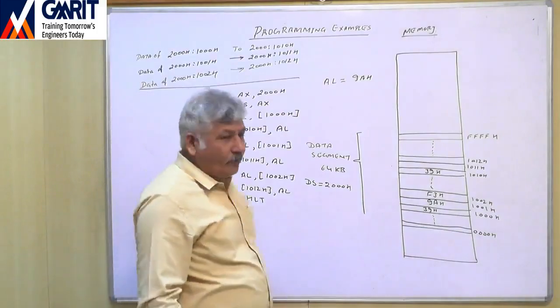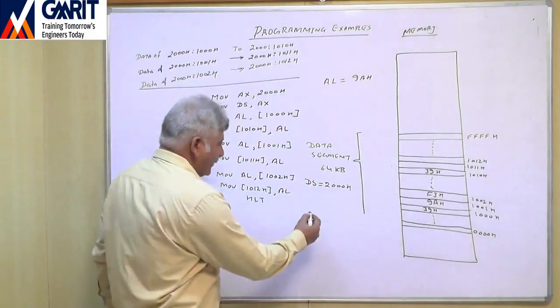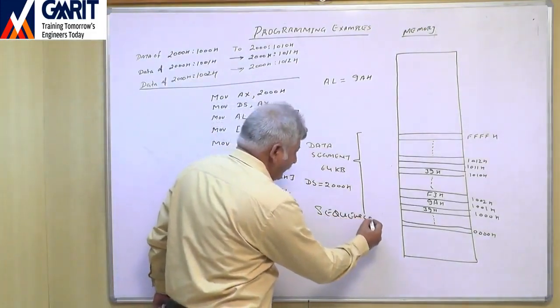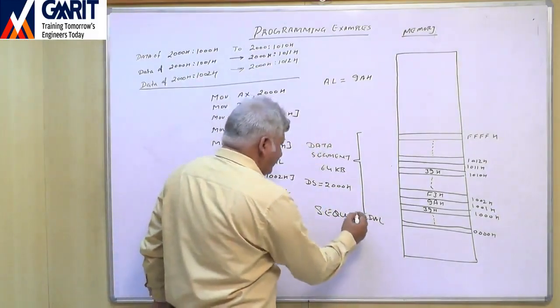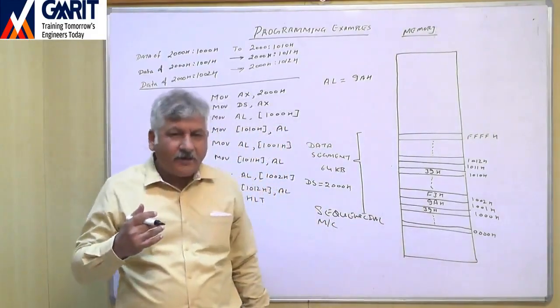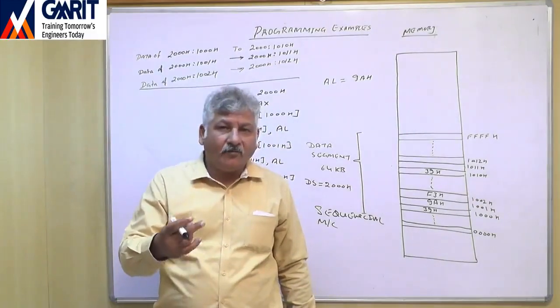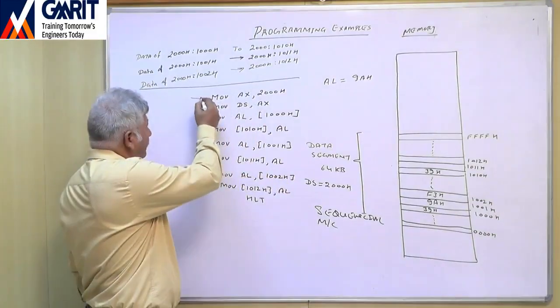So basically, the microprocessor is a sequential machine, right? It will execute the instructions in a sequence, one after another. First it will execute this instruction.